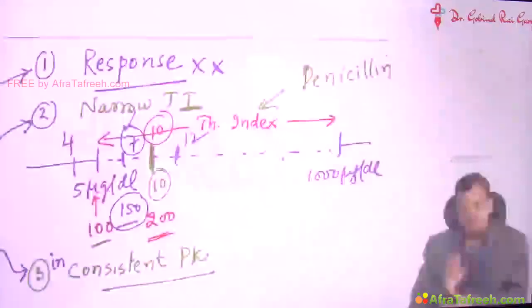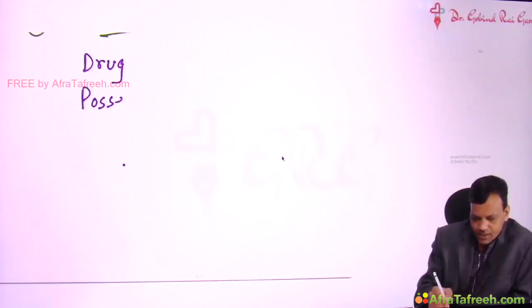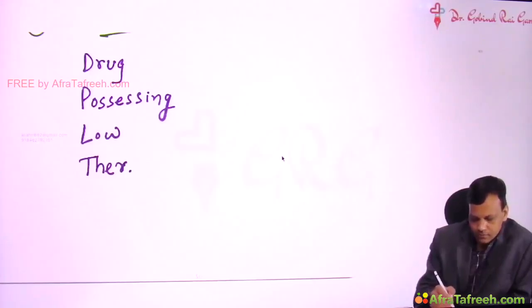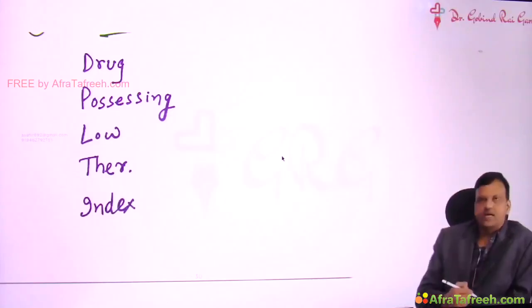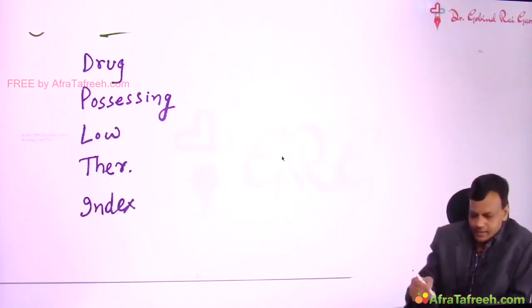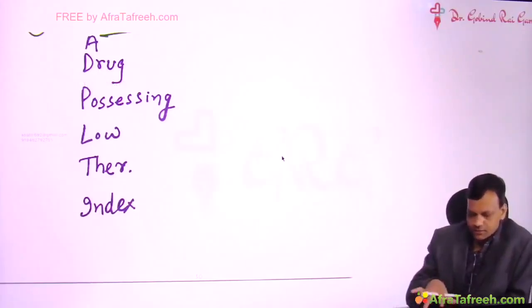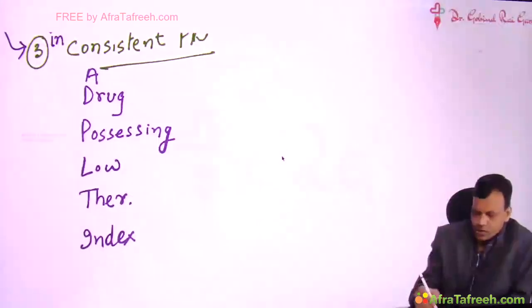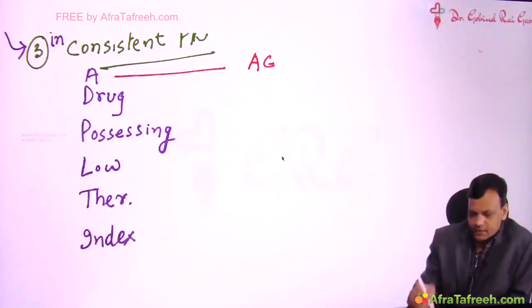Okay. Now for which drugs do we commonly do TDM? You can remember that TDM is done for drugs possessing a low therapeutic index, which you can make into a mnemonic. A stands for aminoglycosides, which are antibiotics.